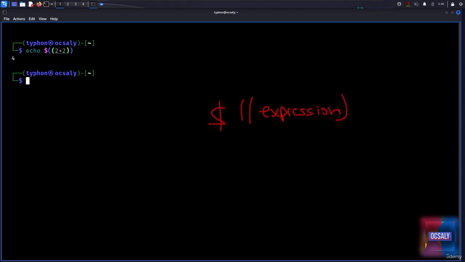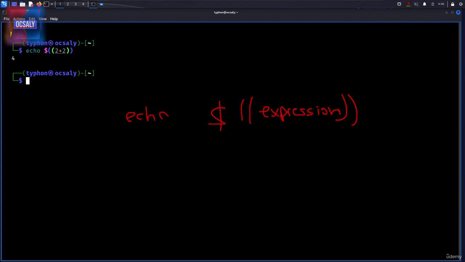Now use 2 closing braces again, and after that, that's it. Of course, don't forget to write your echo command before that.